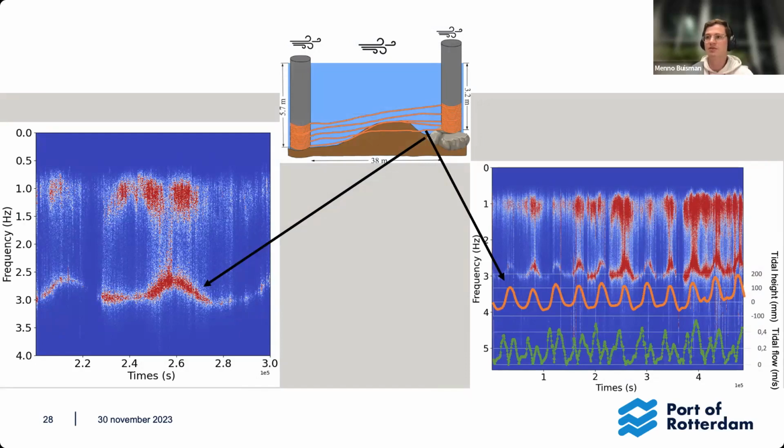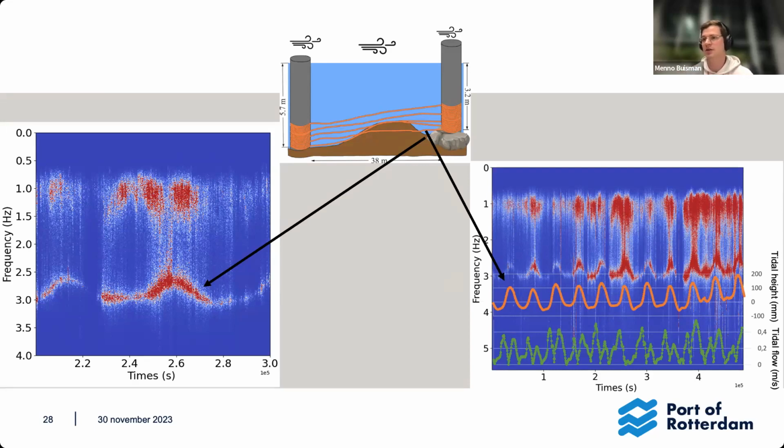What I mean is that if we look at the picture here and compare the green line and the orange line to these oscillations, we see that the orange line matches these oscillations quite well, whereas the green line does not really seem to align with them. Now, the green line is the tidal flow. So this is the calculated flow due to the tidal change, which has a period of half the tidal height.